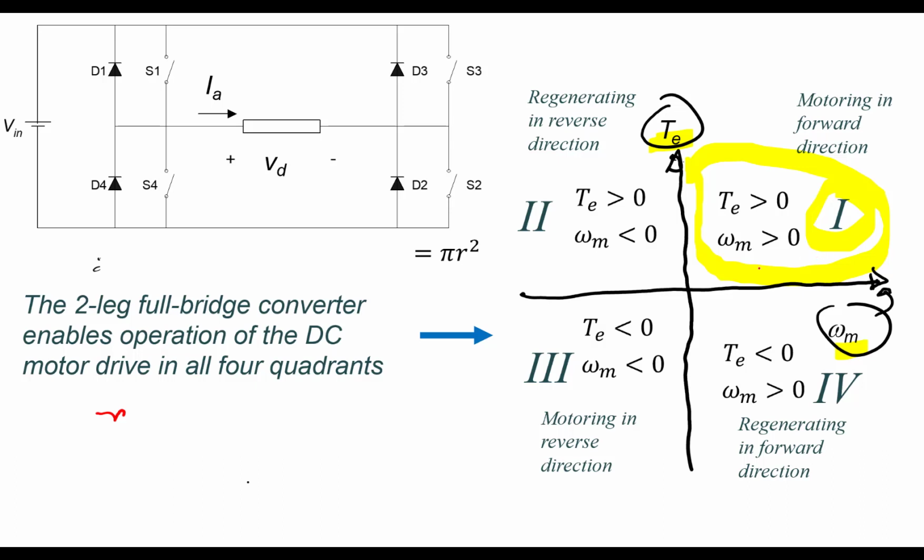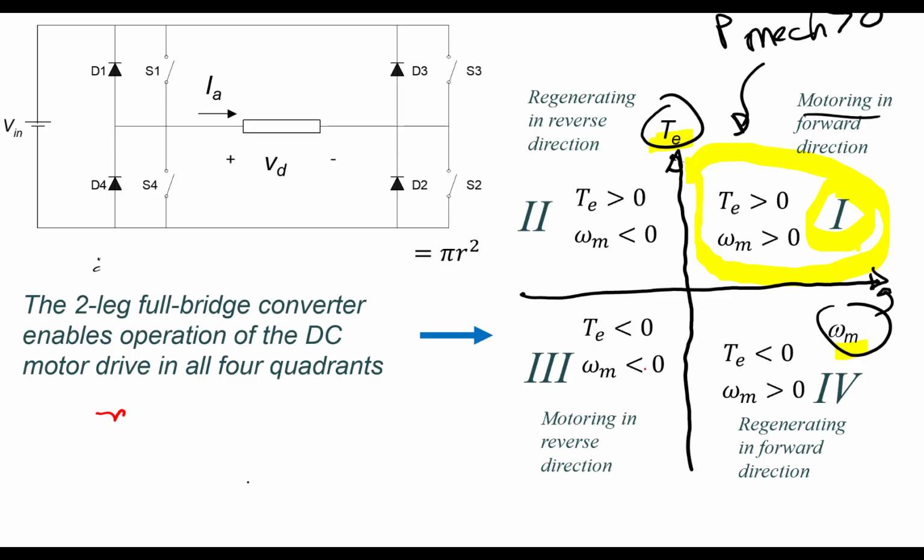Well, I said, what about if we reversed the speed? We actually are also trying to operate as a motor. And it can be confusing sometimes here. I'm trying to apply P mechanical that's greater than 0. I'm operating as a motor.